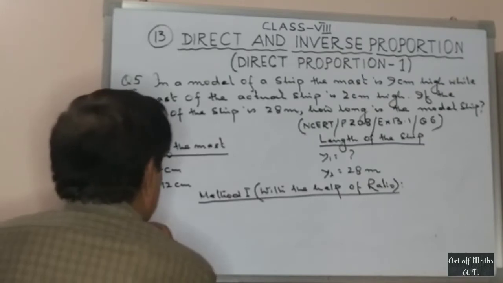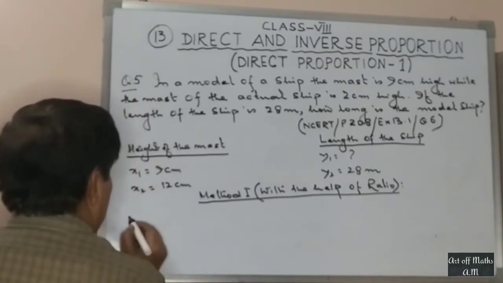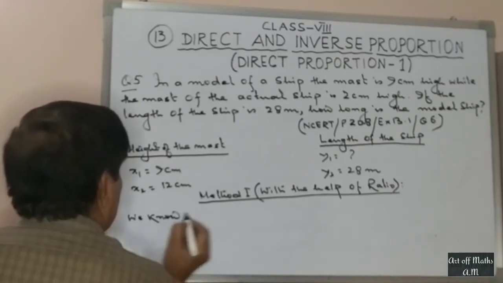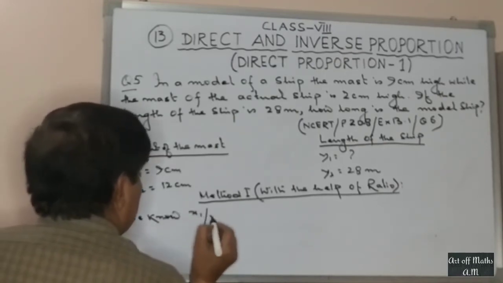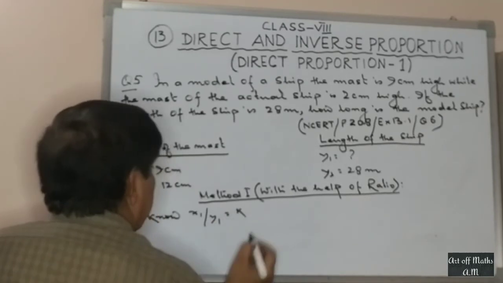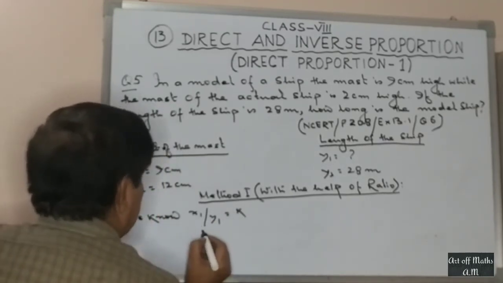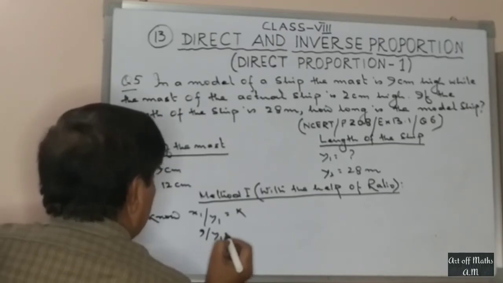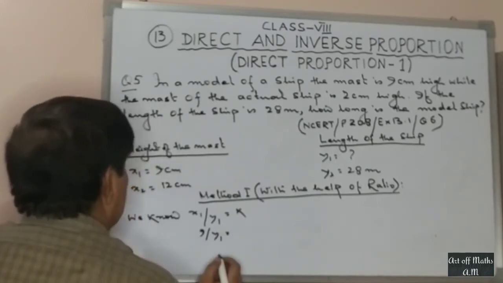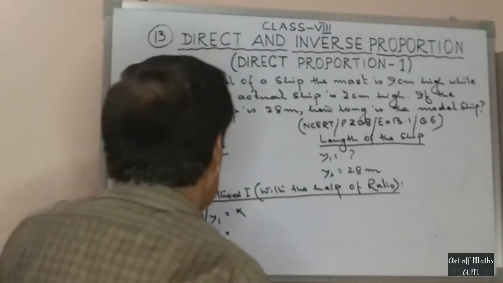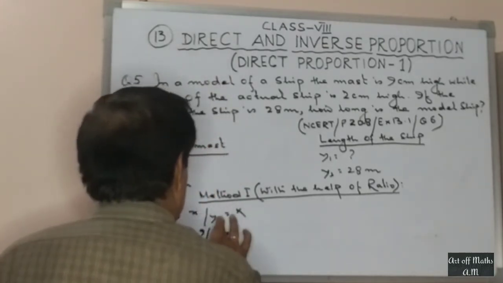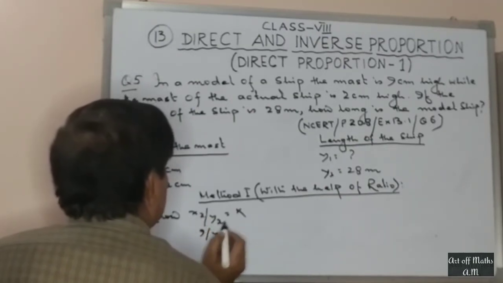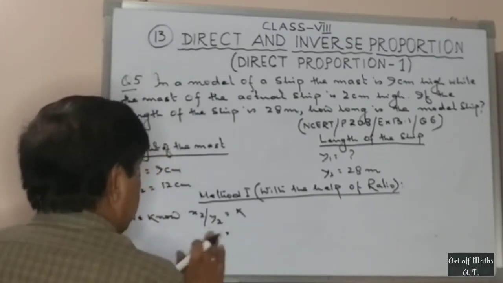Here we know x1 by y1 equal to k. x1 is 9 centimeter divided by y1 equals x2 by y2.